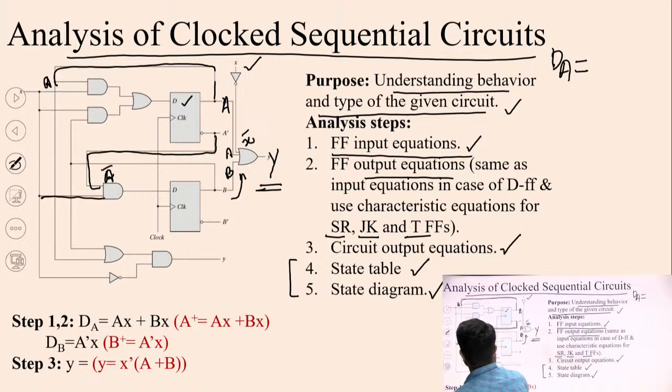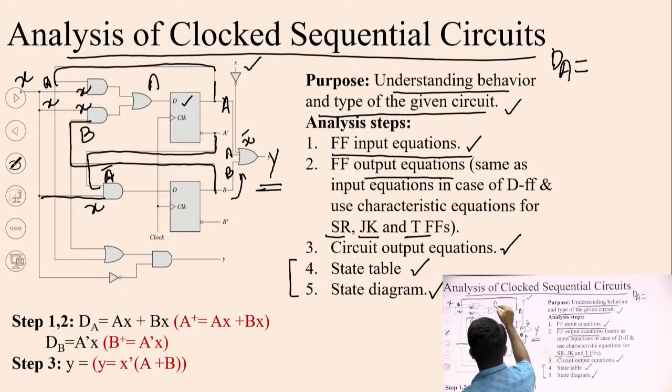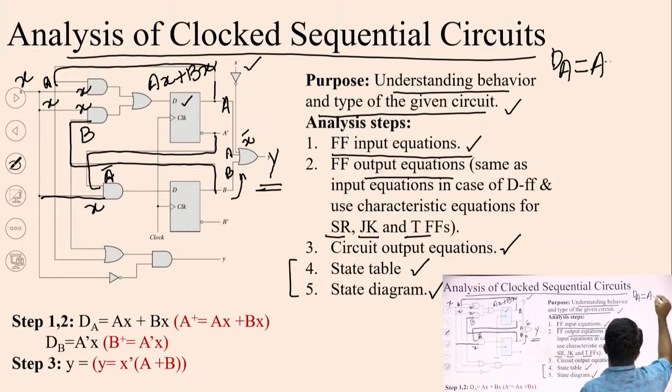This is X, this is also X, and this is B. So this expression becomes AX plus BX.